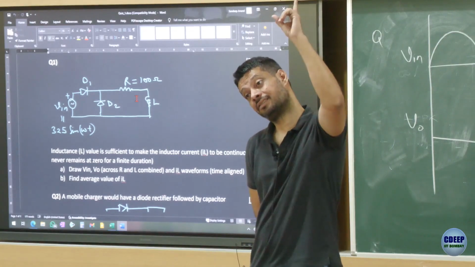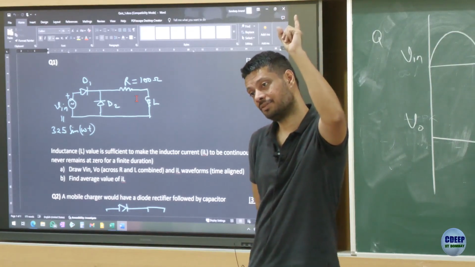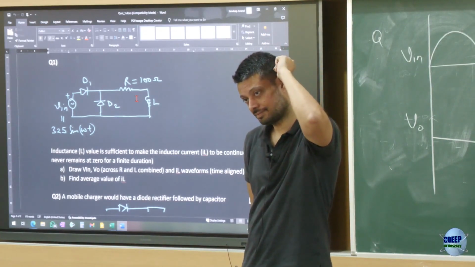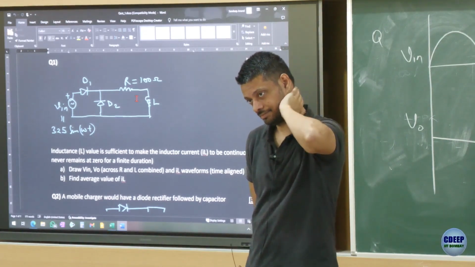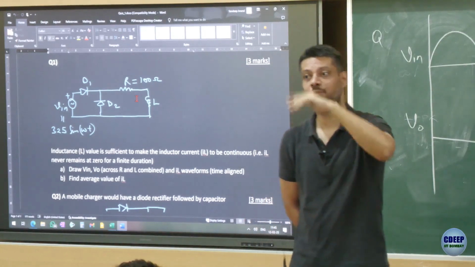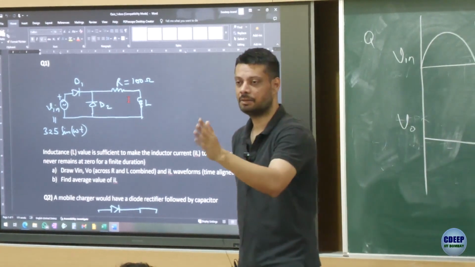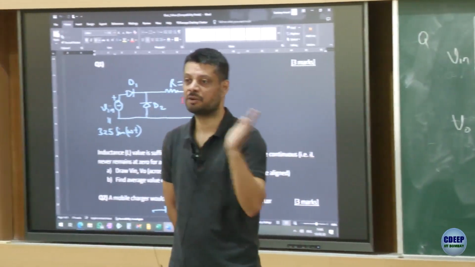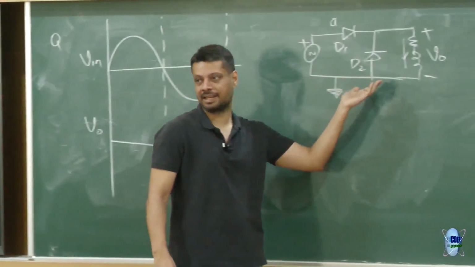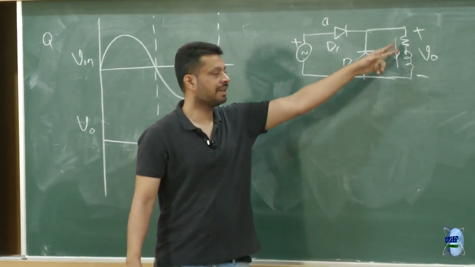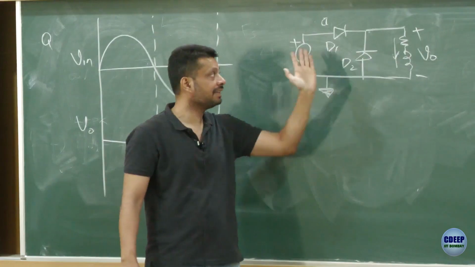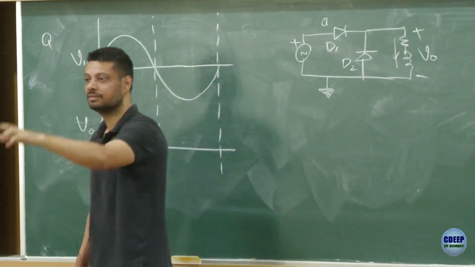At that point, when the current becomes 0. Yeah, but it will not wait for the current to become 0. You are on the right track, but it will not wait for the current to be 0. What he is saying is, if D1 doesn't conduct, then D2 is conducting. This current is of course decaying because there is an RL circuit. When this current becomes equal to 0, then D1 will start conducting.